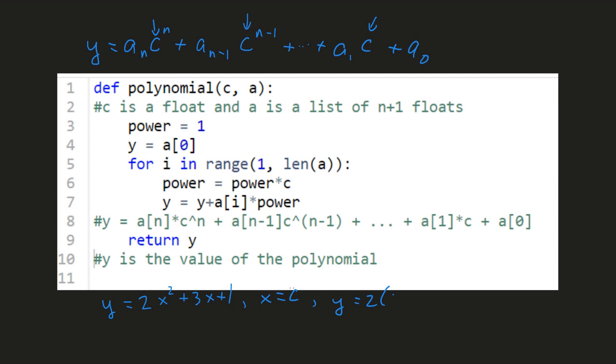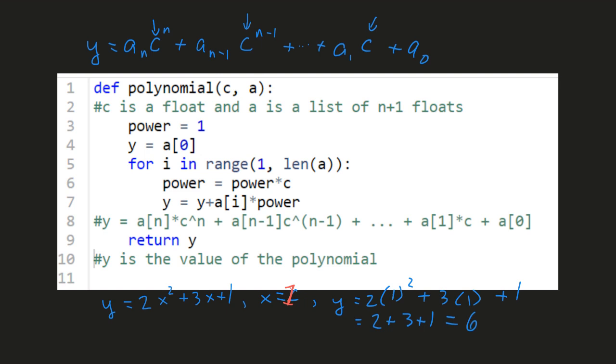Let's use 1 for c. So this would be 2 times 1 squared plus 3 times 1 plus 1, which would give us 2 plus 3 plus 1, which is 6. So that's what this algorithm is doing.